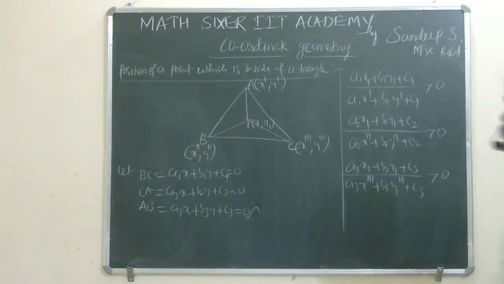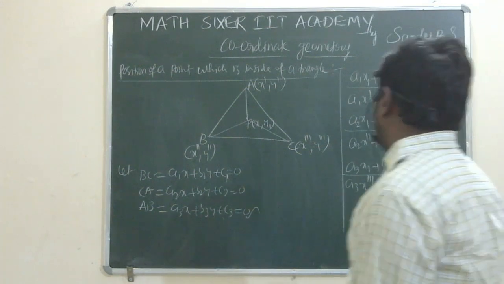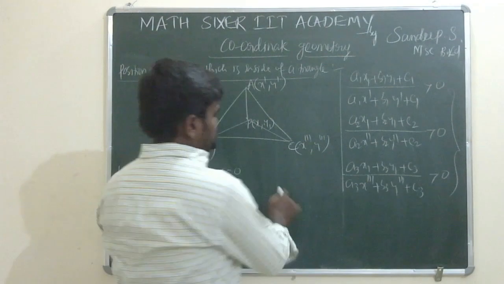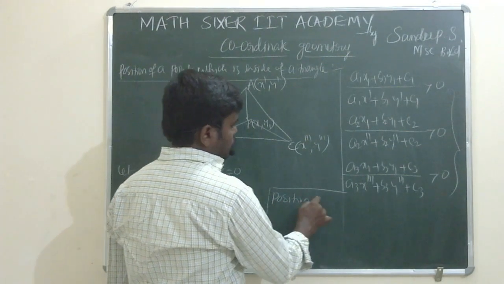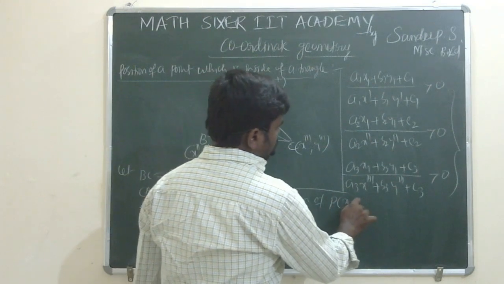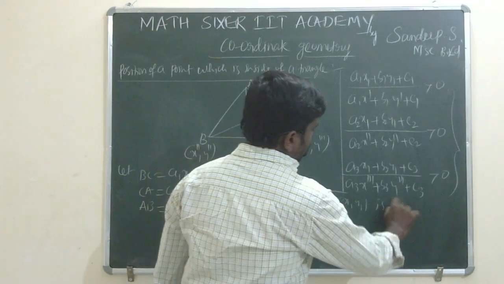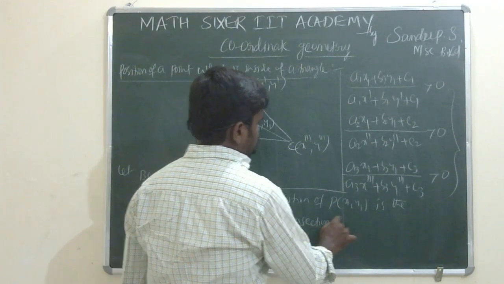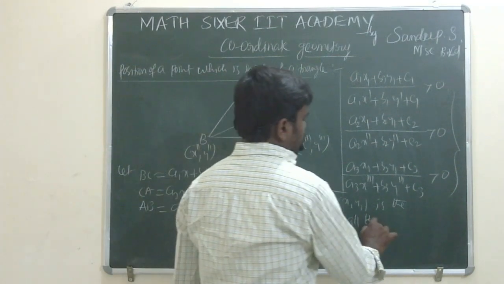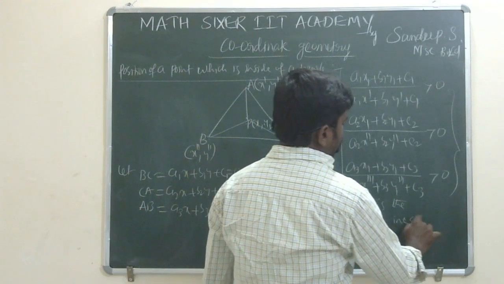Okay. So now the position of P of x1 comma y1 is the intersection of all three inequalities.